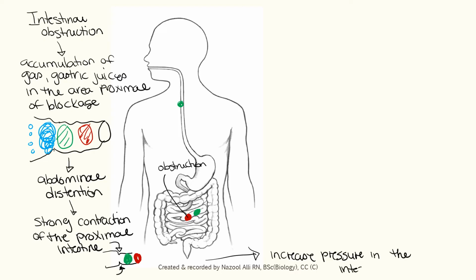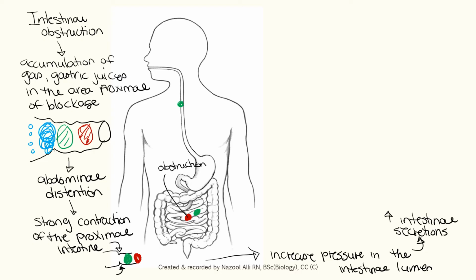So inside of the intestine, we're going to see an increase in the pressure. And we wonder what is the implication of that increase in pressure. One of the implications is we're going to see an increase in intestinal secretions. So now we have more fluid accumulating in the area proximal to that blockage.